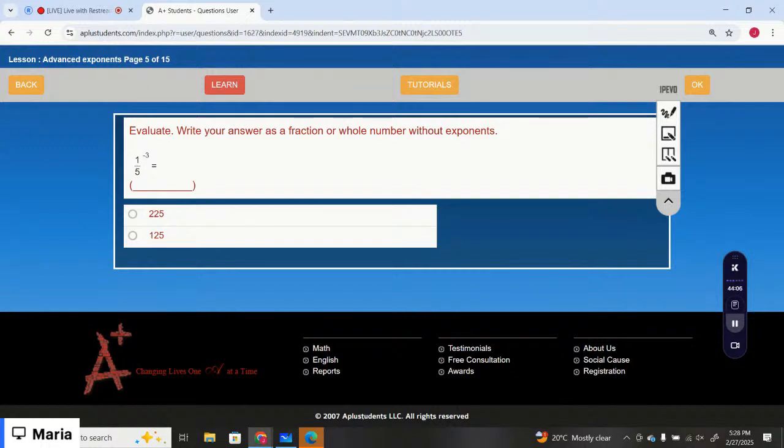Evaluate 1 divided by 5 exponent negative 3. Which is the correct option?